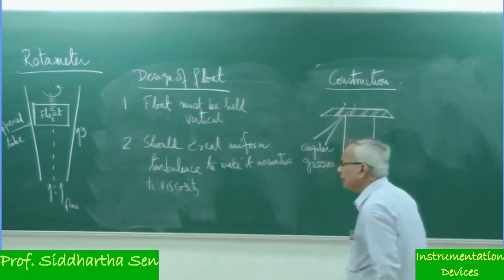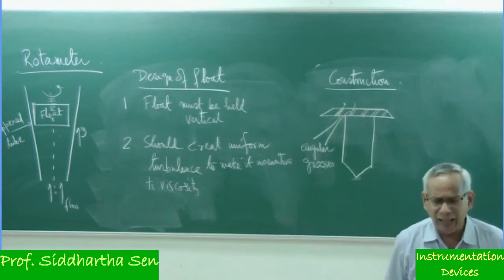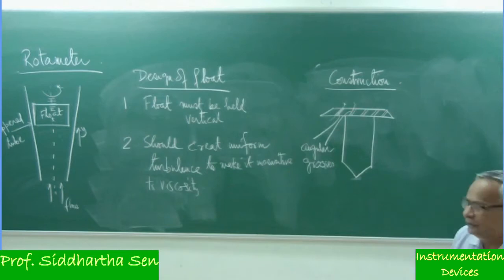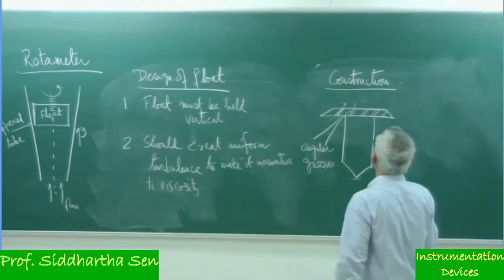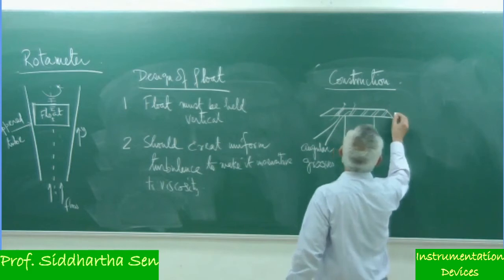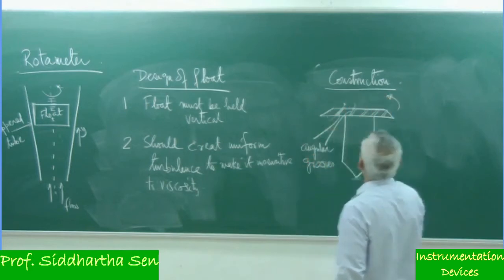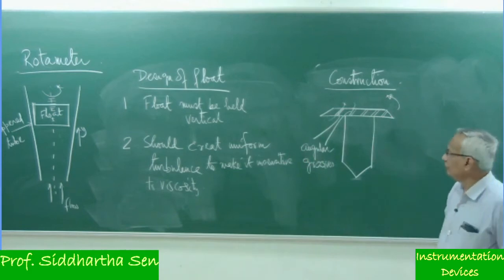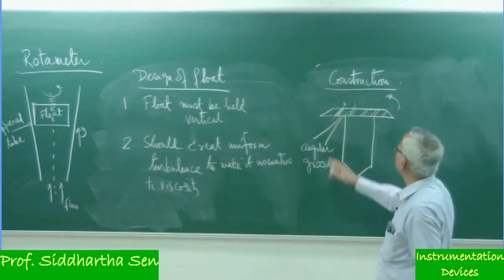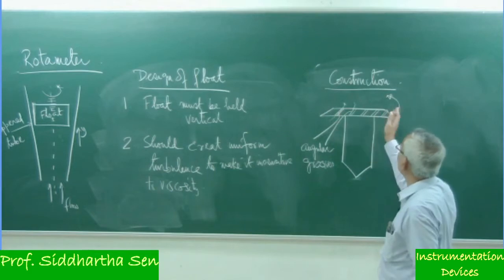Since the channels are always angular, some rotational torque is developed, because once the fluid passes through, it will always give a force to the float and try to rotate it.